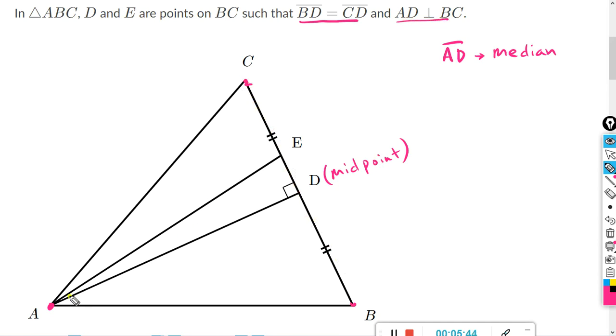AD is perpendicular to that. So this right here, we see it's perpendicular. So this is going to be an altitude as well. So AD is an altitude.